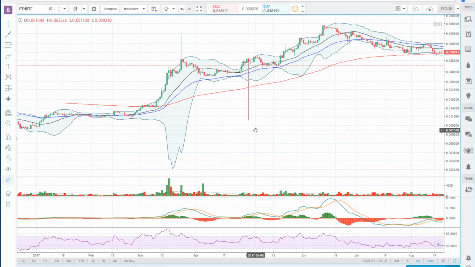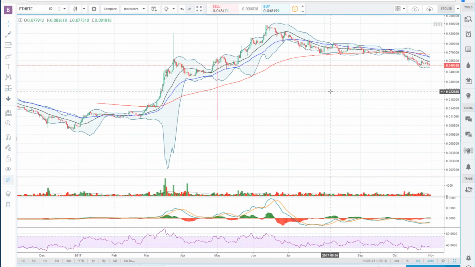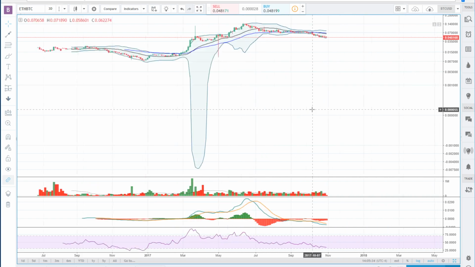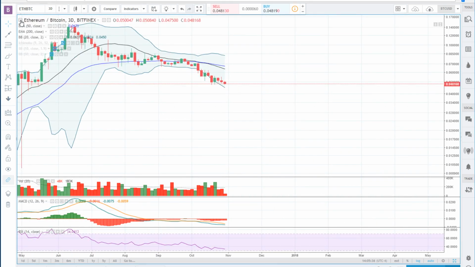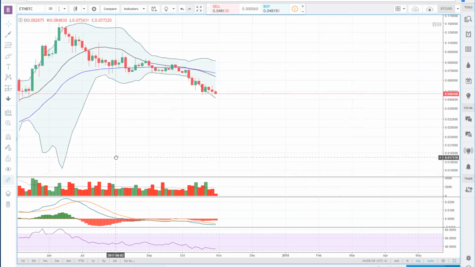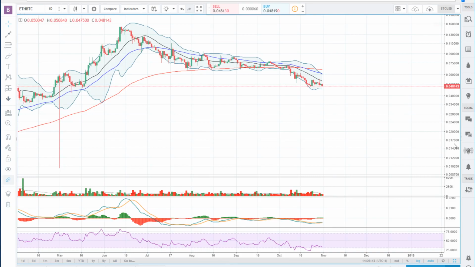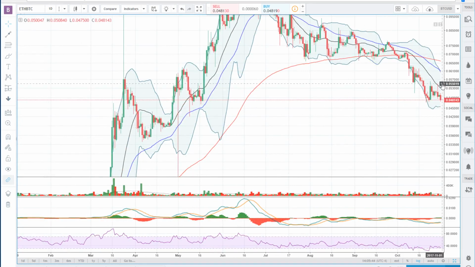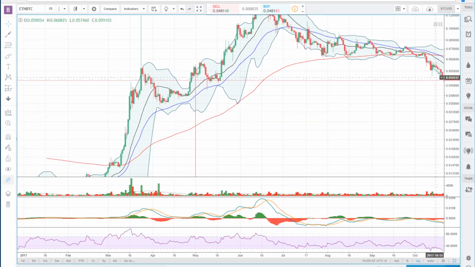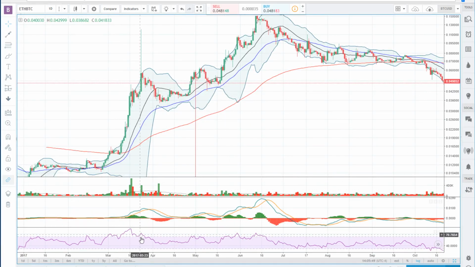Okay, let's look at the 3 day maybe. Oh, okay. I guess it doesn't even want to show me that. If we look at the 1 day, it's been in a bull market since the beginning of the year, basically since March, with the 1 day cross.